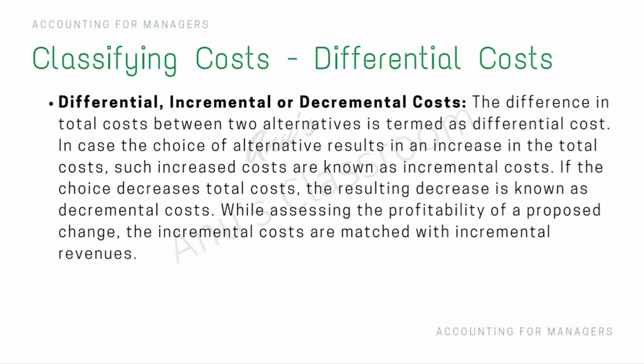If I have to increase my investment by 10% or say 2%, but if I am not even getting 1% additional return, then that extra investment that I'm making is not that worthwhile for me. So that is what we try to understand while we are talking about differential costs. If there is an incremental investment cost, then we expect an incremental revenue. Even with decremental cost, we expect an incremental revenue, or at least the same revenue, so that the value of the firm is maximized.